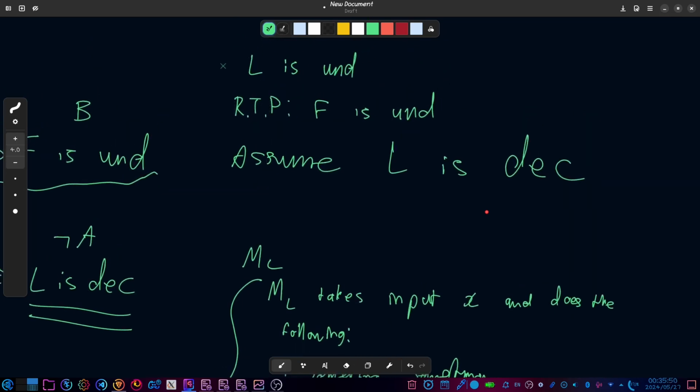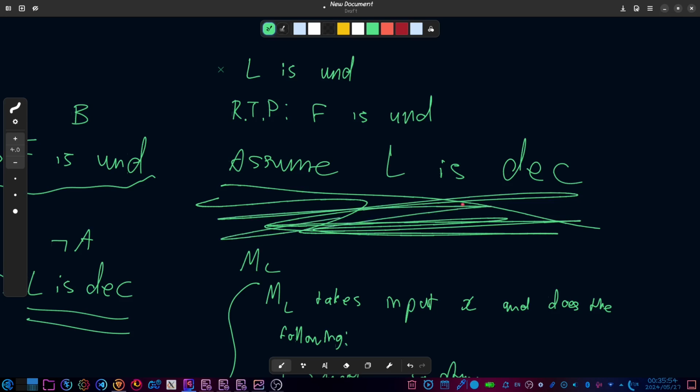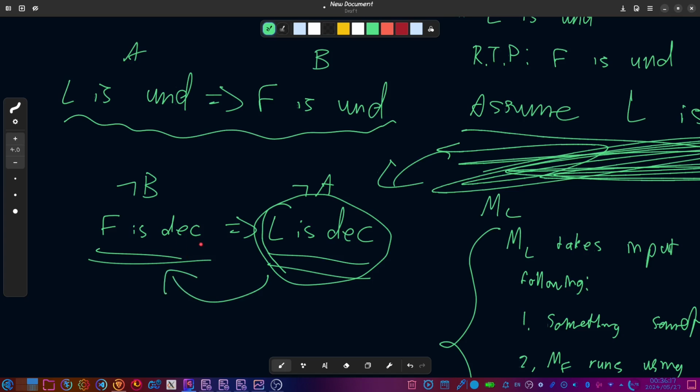Because here's the thing: there's no logical proof technique, at least that I know of, where you assume the conclusion of an implication, and then work your way back to show the relationship between this and this.